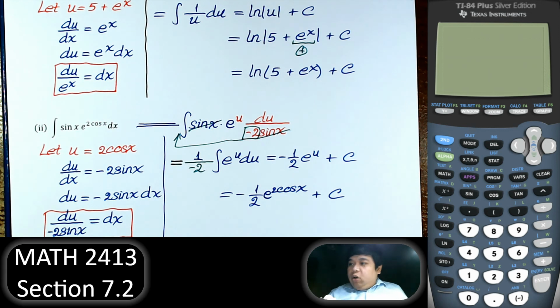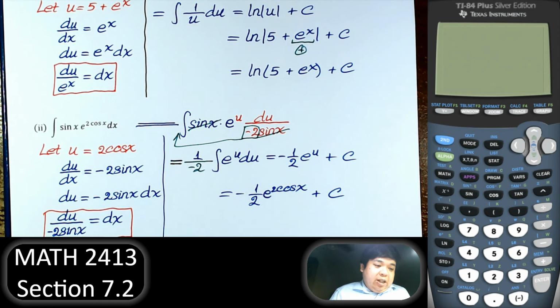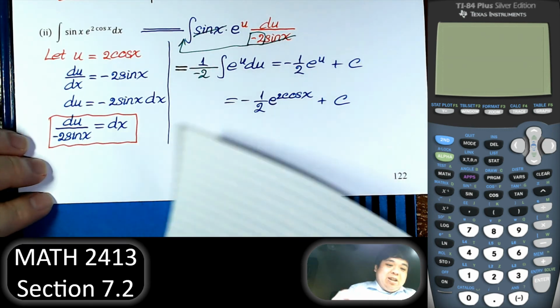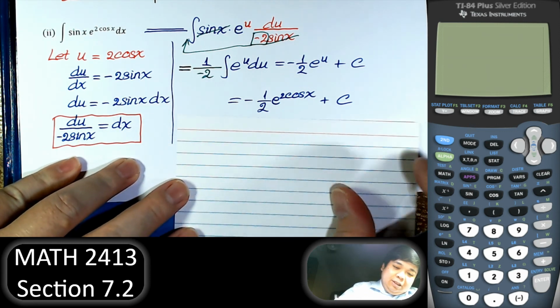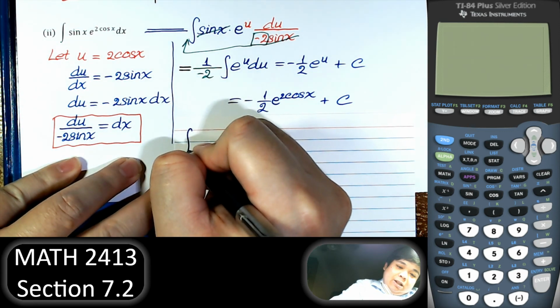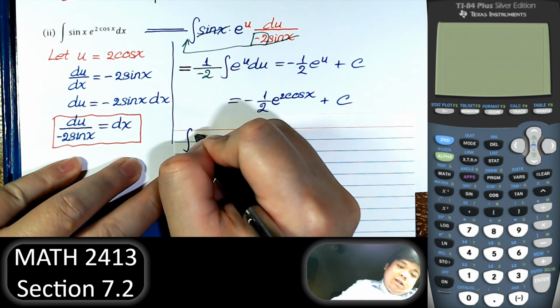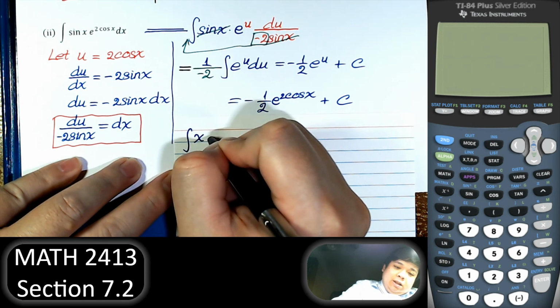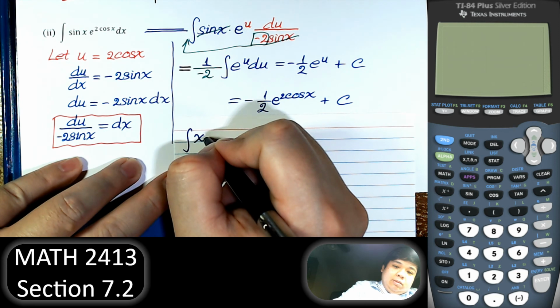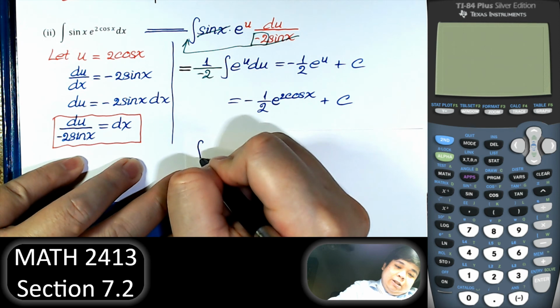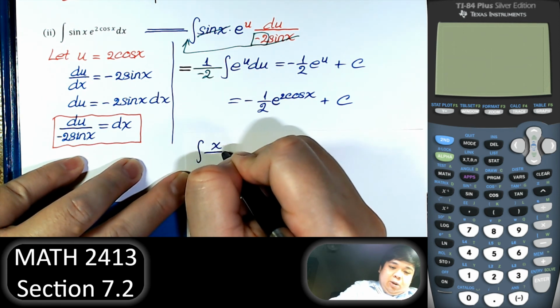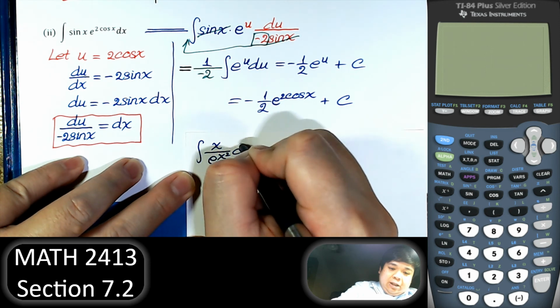I realized that in all of these examples, we only have one example of the integral of e to the x. So let's look at one more example. Let's do this: x over e to the x squared dx.